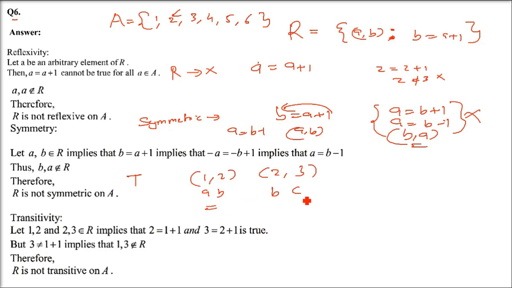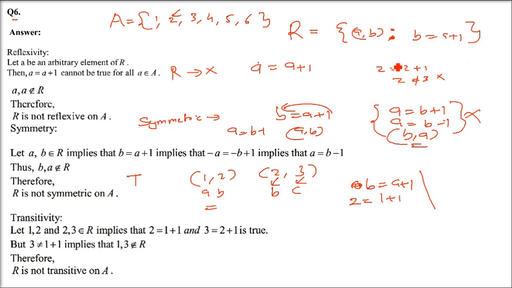So when (a, b) and (b, c) are holding, this relation is holding, (a, c) should hold. That is, b is a plus 1, and here c is b plus 1. So 2 is equal to 1 plus 1. And here, since c is equal to b plus 1, so 3 is equal to 2 plus 1.